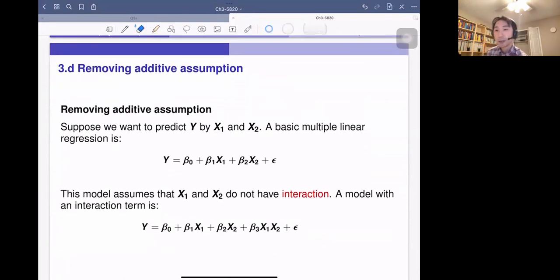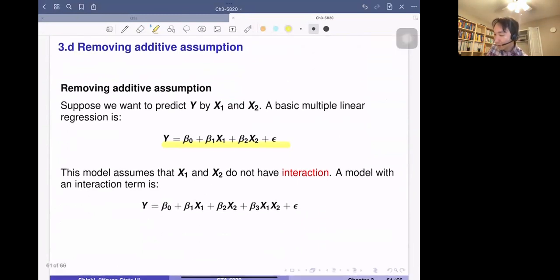Any other questions? Okay, so now the 3D, the last one. So removing additive assumptions. Suppose that we want to predict y by x1 and x2, and so far our standard model is this. But possibly we have interaction between x1 and x2.